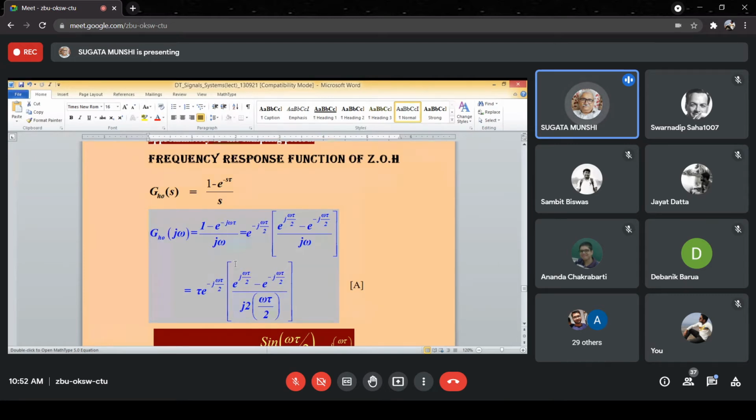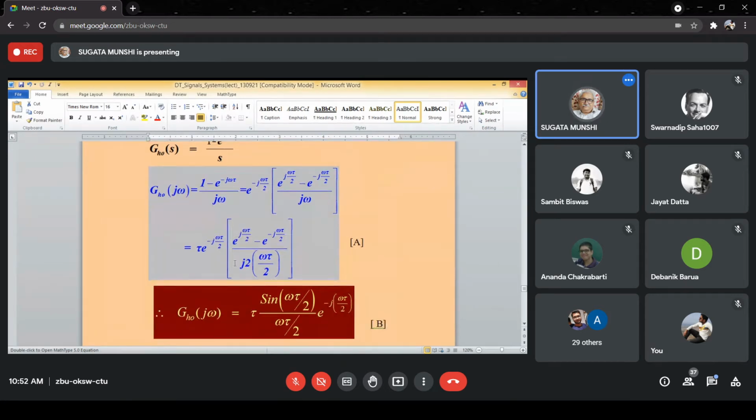From that expression, how can you proceed further? This one represents sine of omega tau by 2 divided by omega tau by 2, a sinc type function. You have this expression e to the power minus j omega tau by 2. So that is the expression for the frequency response of the practical DAC.